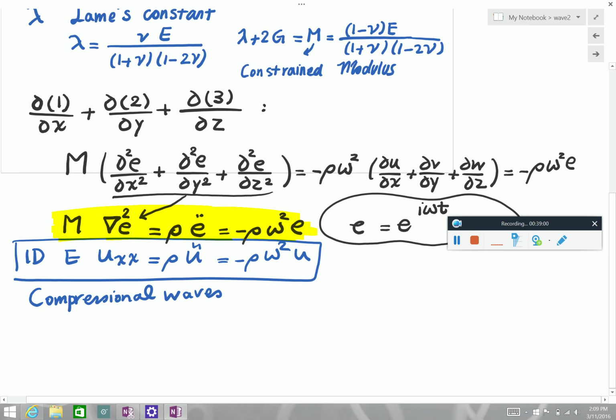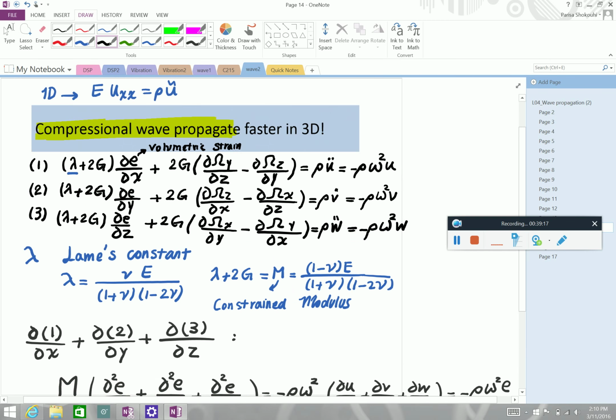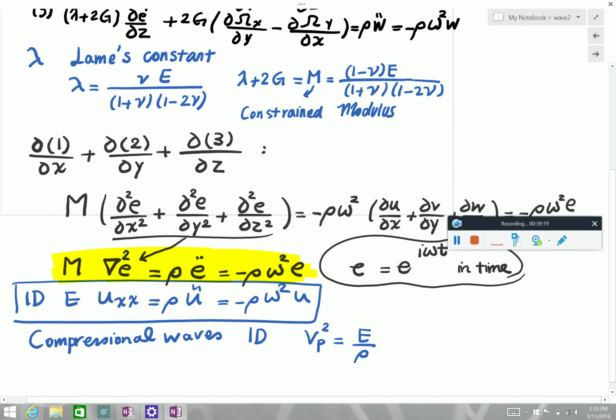In one dimension, we said that the velocity of propagation of compressional waves would be the square root of E over rho, right? So here in 3 dimensions, it is also very similar.